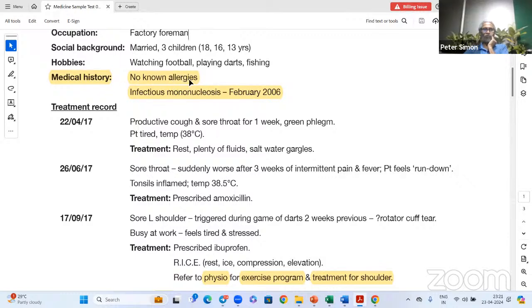So, medical history, no known allergies, infection. This will go into the last. No known allergies, so there is no problem. Take it to the last. Okay, history. February 2006, he had infectious mononucleosis.